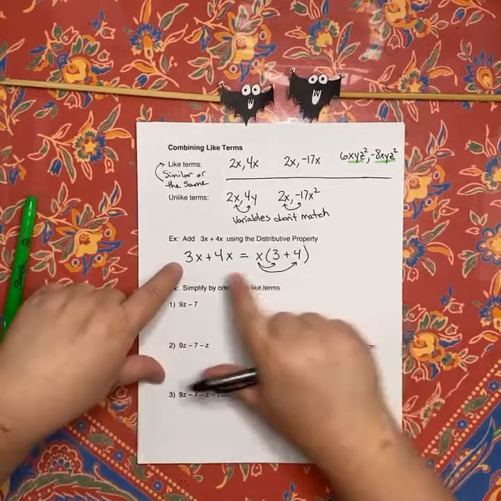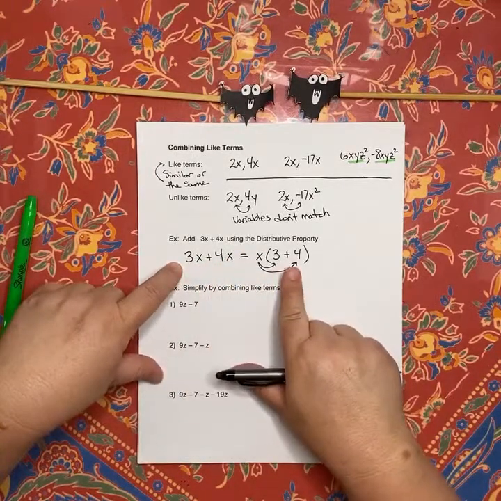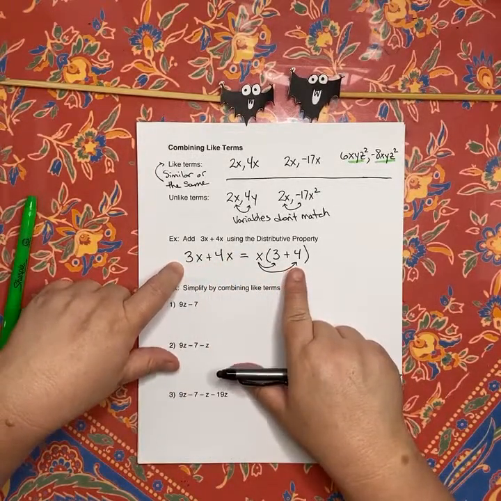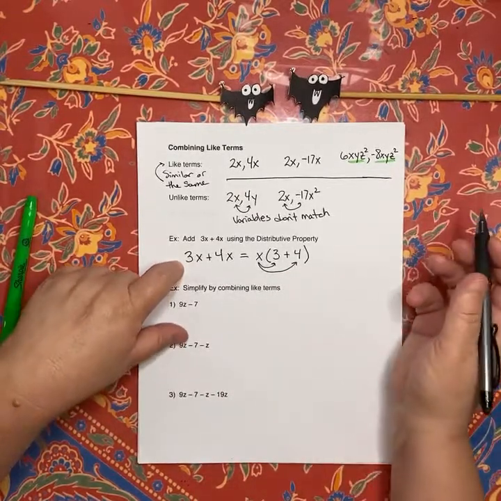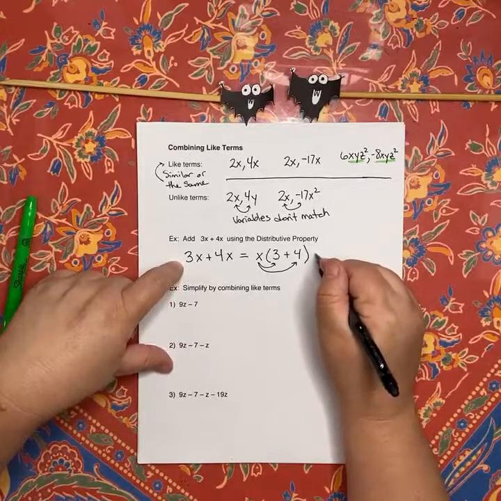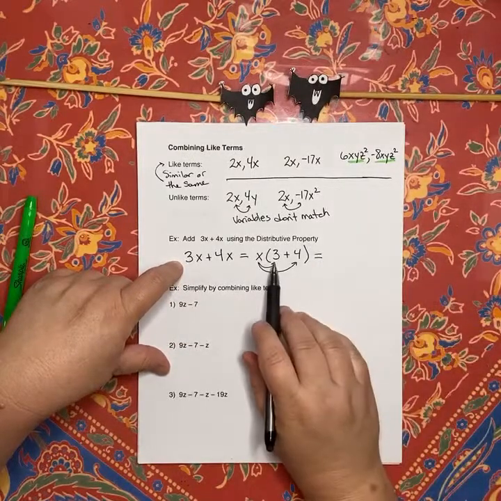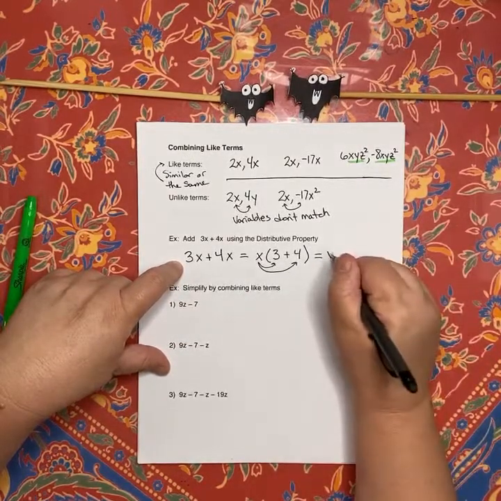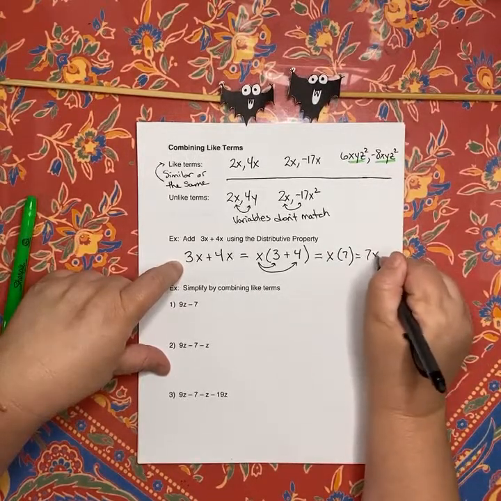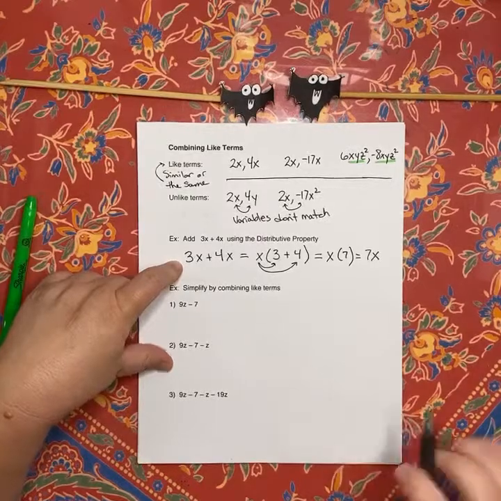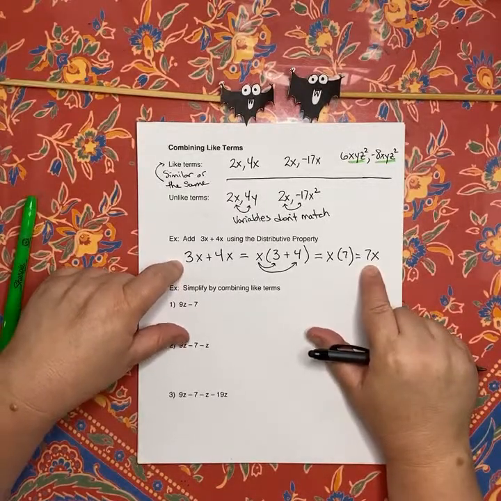And spoilers, going from this step to this step, so going backwards, is going to be called factoring later on. Right now, we're just going to say, wow, that's weird. And I'm going to say yes, but then notice what happens. What's 3 plus 4? It's actually 7. What's x times 7? Well, I can use the commutative property and say that's 7x.